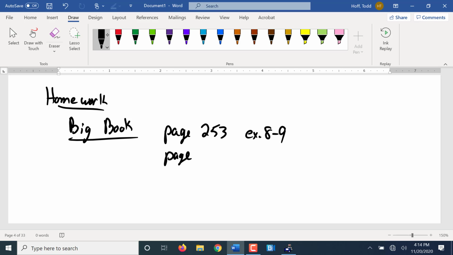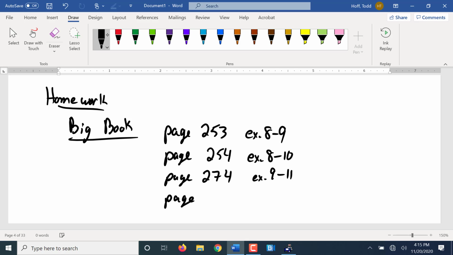Page 254, exercise 8-10. Page 274, exercise 9-11. And page 274, 275, exercise 9-12. So obviously the 8-9 and 8-10 are the standard units, 9-11, 9-12 are the metric units.